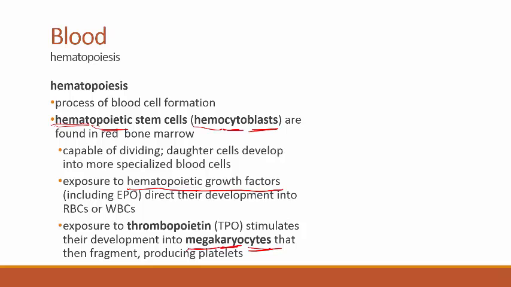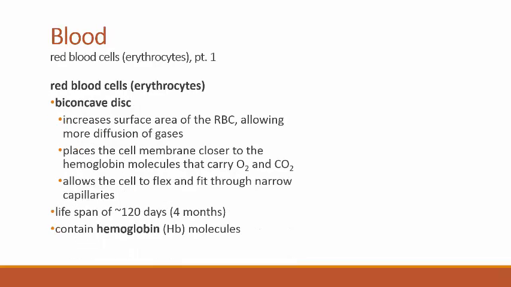These megakaryocytes will then fragment, producing these small packets of cytoplasm inside of a bit of cell membrane that are the platelets. So thrombopoietin, thrombo is about platelets. Thrombopoietin will cause the production of more platelets in the blood. Okay, so hematopoiesis.